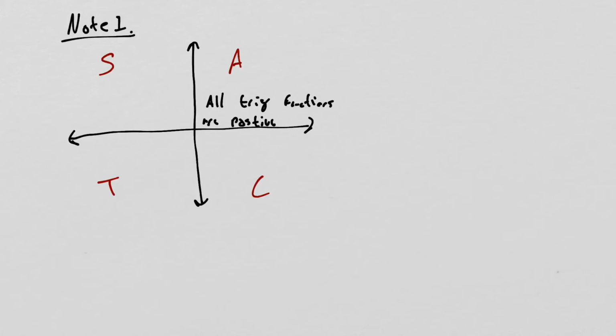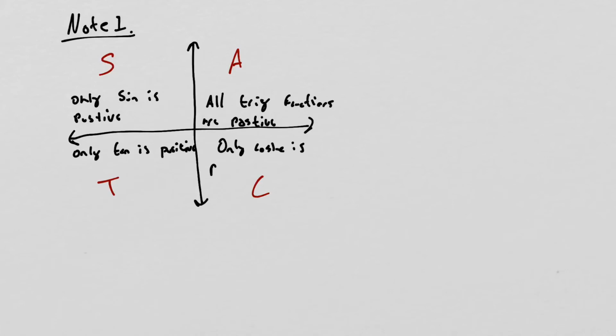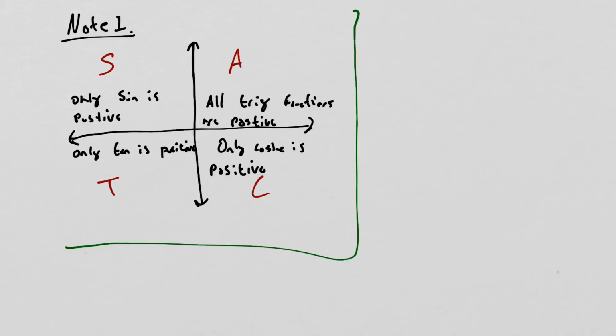In the second quadrant, only sine is positive. In the third quadrant, only tangent is positive. And then finally, in the fourth quadrant, only cosine is positive. While it's not necessary to use this memory device, it does come in handy.